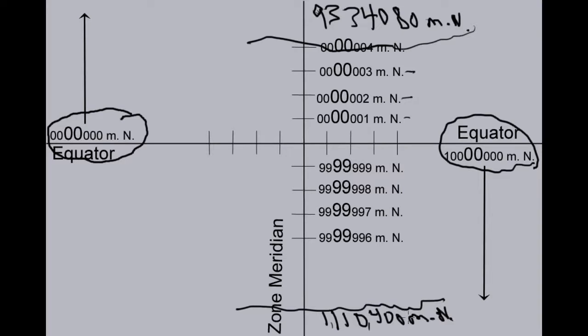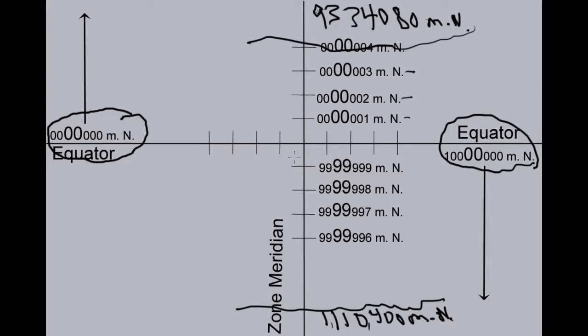Now, something that is an interesting feature of the northings is that no matter whether you're in the southern hemisphere or the northern hemisphere, your northing values always increase as you go north. So even way down here at 80 degrees south latitude, your northings are going to increase from a little over 1 million meters north all the way up to 10 million meters north at the equator.